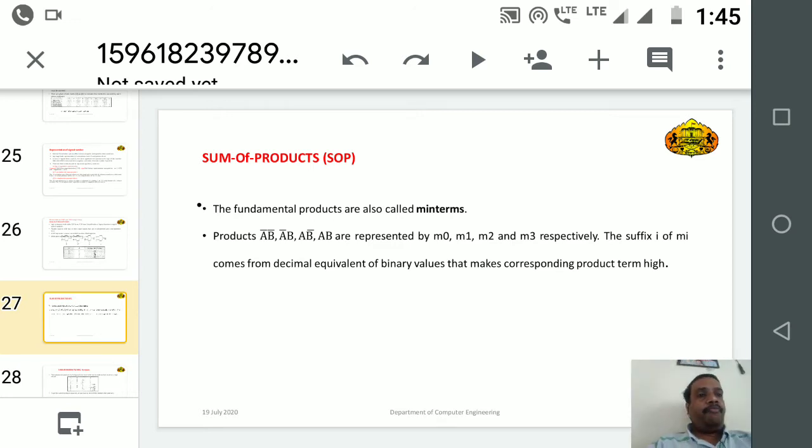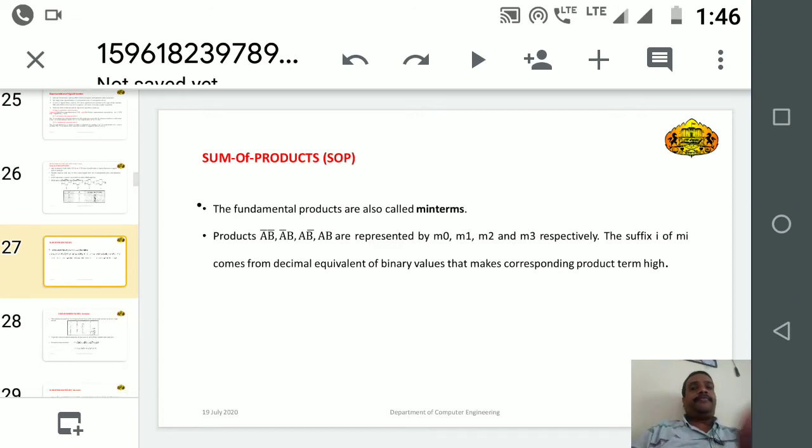In the SOP minterms are present, and in the POS max terms are present. Minterms are represented by small letter m, and max terms are represented by capital letter M. Next, we see the next slide.